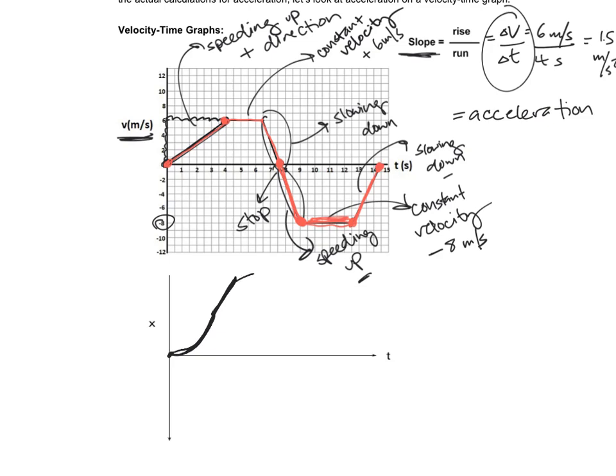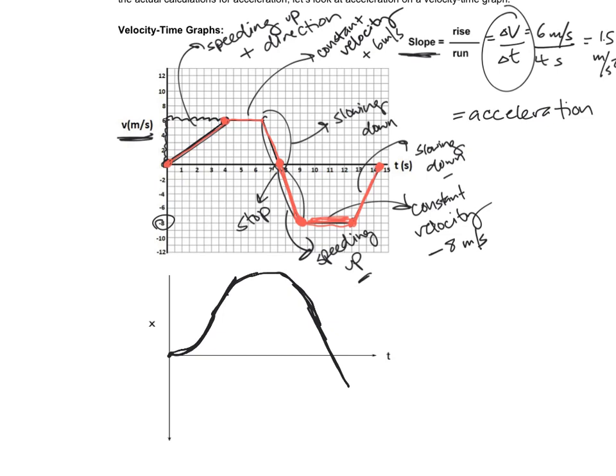So then we're going to curve off, slowing down until we turn around and start going in the negative direction. And we're going to speed up in the negative direction so we can get nice and steep. And then hold that constant velocity for a little bit.